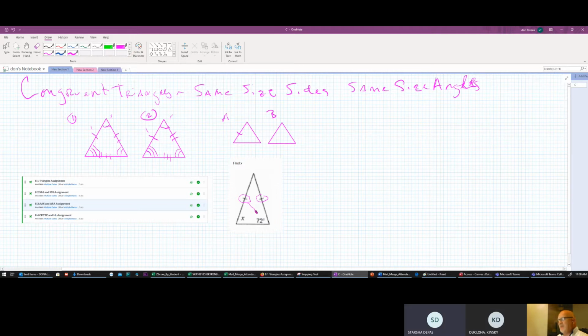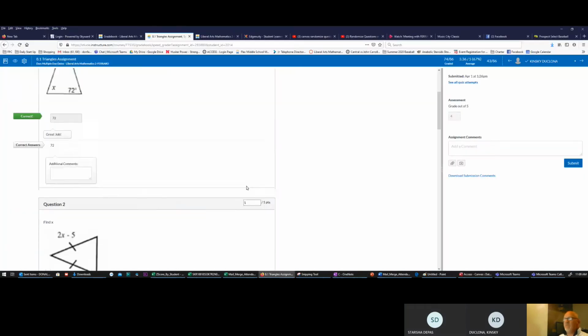And then the opposite angles are also the same size. So they're telling us that this one is 72 degrees, right? We now know that x equals 72. All right. So opposite angles from congruent sides are congruent. They're the same.